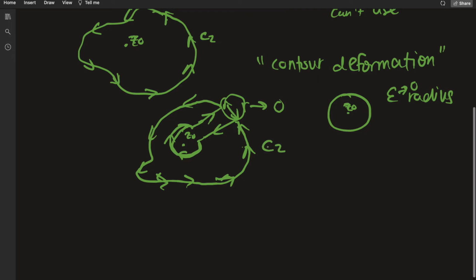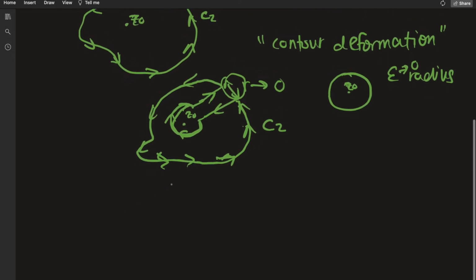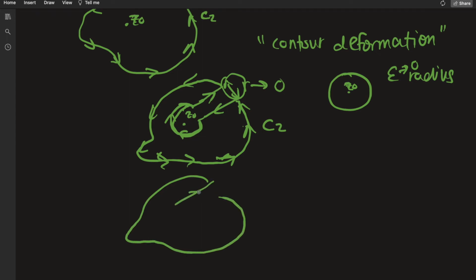So this is C2 deformed. Let me try to do a better job of drawing it. All I'm saying is you have this, then this circle, and this, with directions like this. And there's an inner circle in here, a perfect circle.